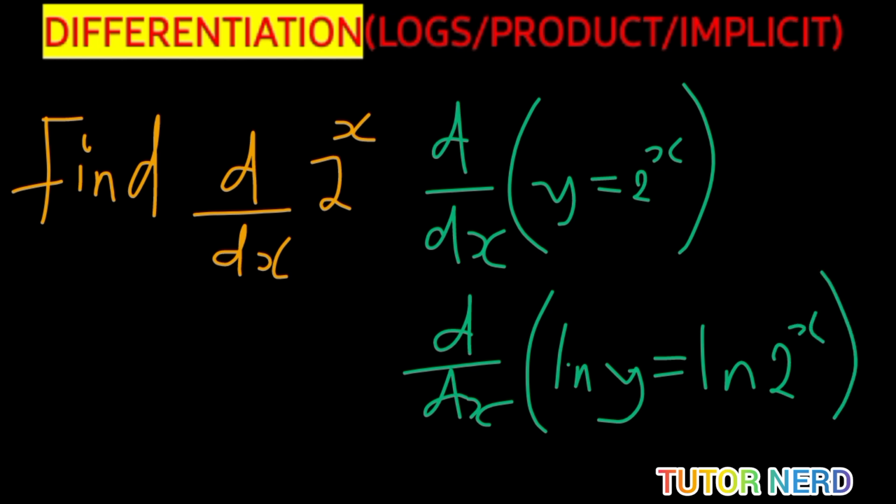The reason for introducing the ln is very simple. We just want to drop that power so that we can solve it in a simple way. That's it. All questions that have the same expression, raised to a certain variable, this is how you go about them. So ln y is equal to ln 2 to the power x.